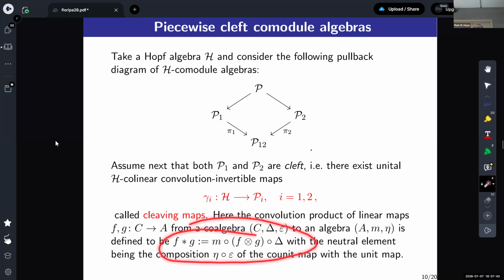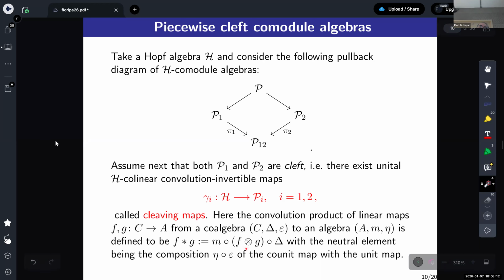So what do I do? I co-multiply, so I go from C to C tensor C. I apply the tensor product of my linear maps, so I land in the tensor product of A with itself, and then I multiply. And this gives me again a map from C to A. This is a convolution product. And because comultiplication is coassociative, and multiplication is associative, this convolution product is again associative.